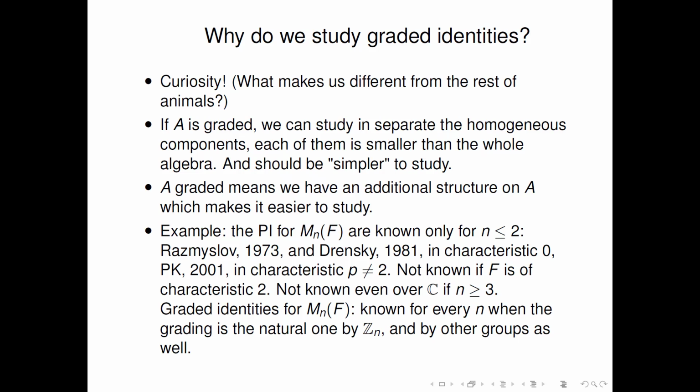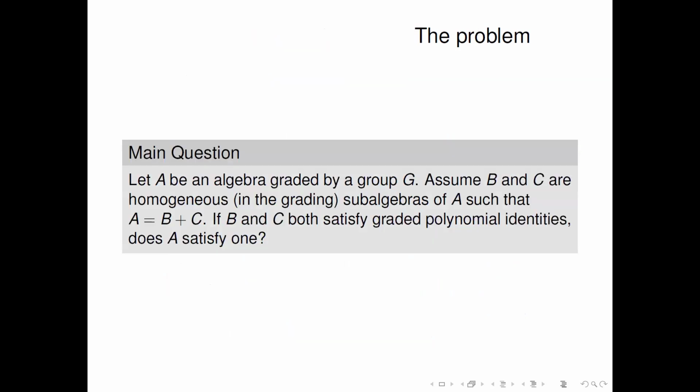On the other hand, if you consider the graded identities for Mn of F, with the natural grading by Zn that we already discussed, then the graded identities are known. Well known and not that difficult to describe, in positive characteristics as well. For Mn of F graded by some other groups, the graded identities are also known in some other situations.